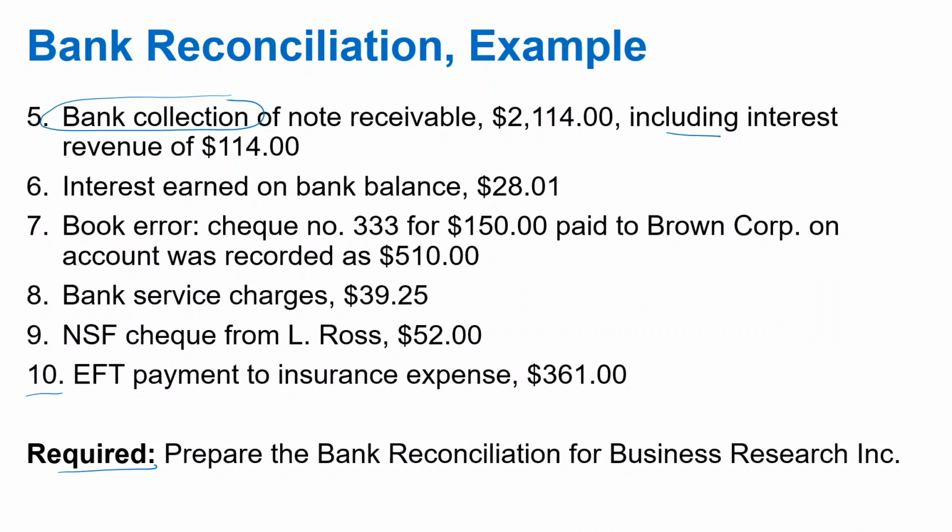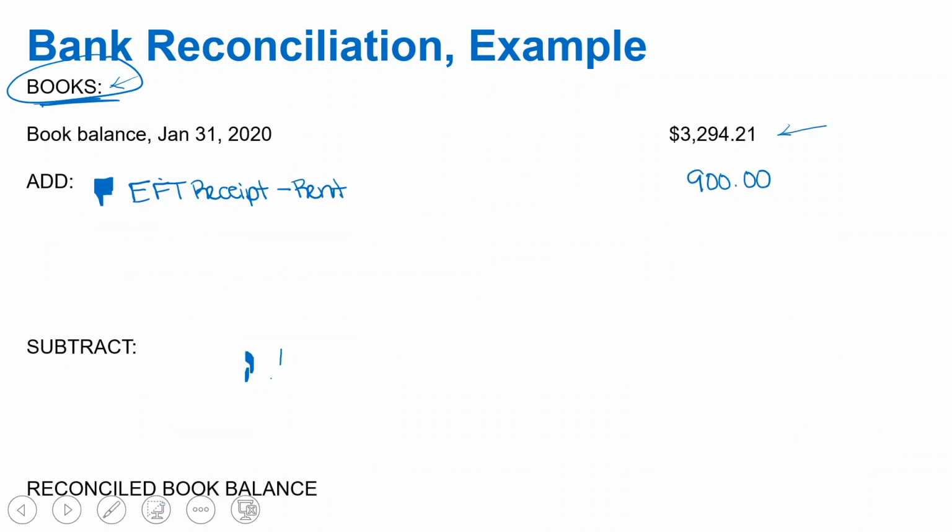So the bank collected that on our behalf and put it into our account. So again, it's gone into our bank's account, so we see it on the statement, but nothing's been recorded yet on the books. So if it's not on the books, we need to put it on that part of the reconciliation, and it's money that we collected, so we need to add that on the books portion.